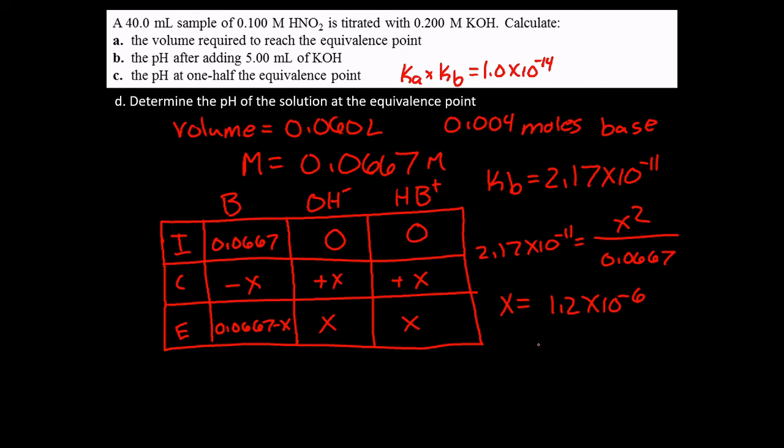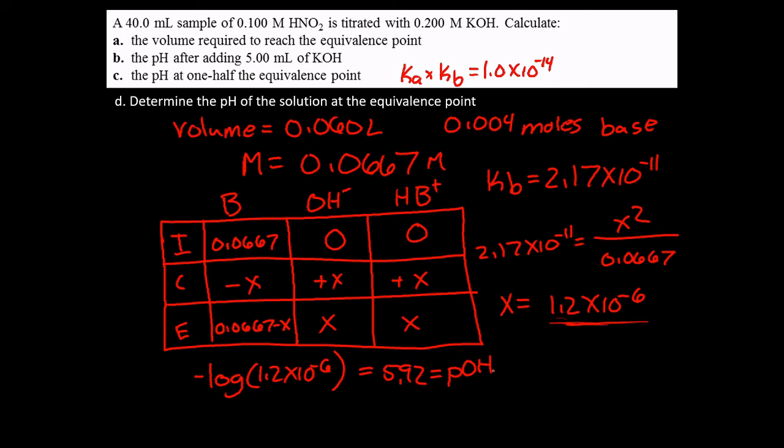And so then the last little bit we need to do here is to work out the pH, because this is not the pH. This is the concentration of OH minus. So what I'm going to do is take the negative log of that, and that is going to give me 5.92. So that is the pOH.